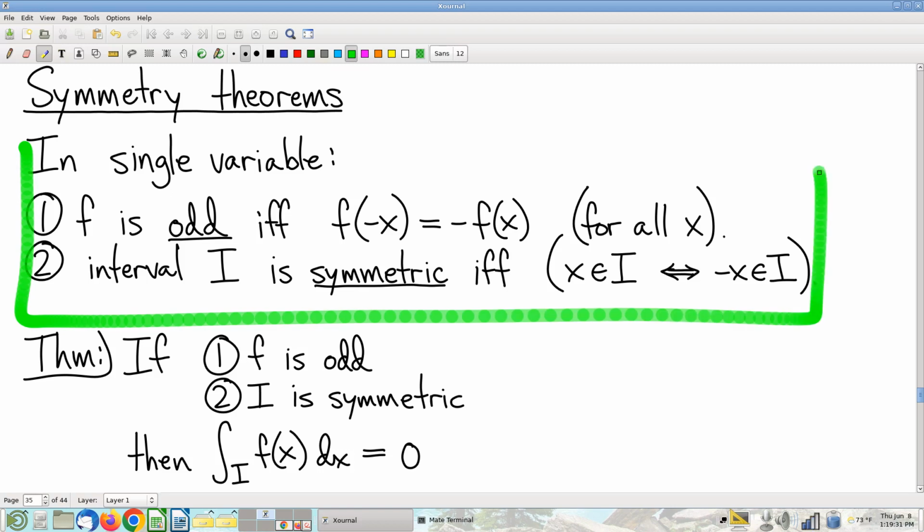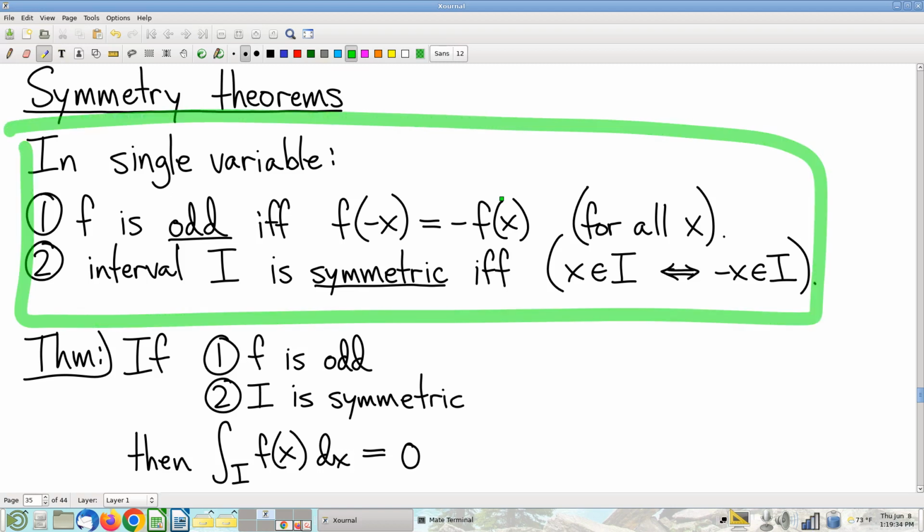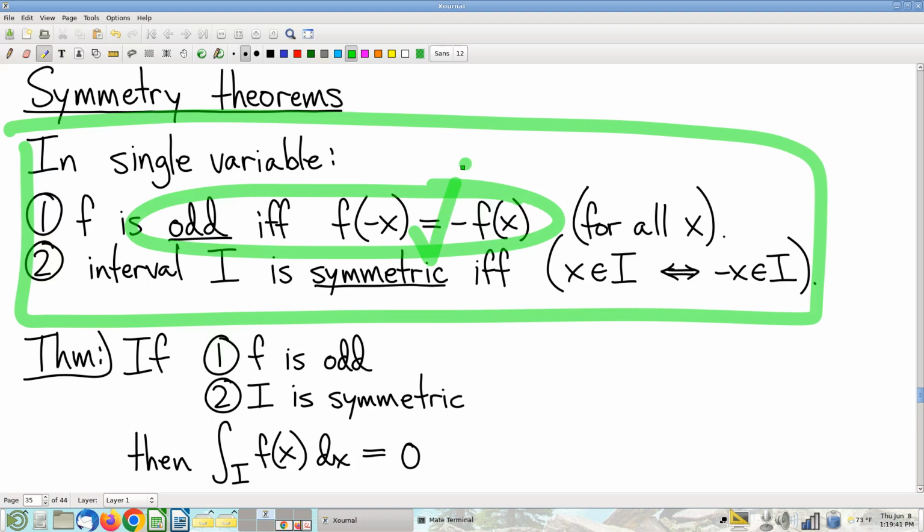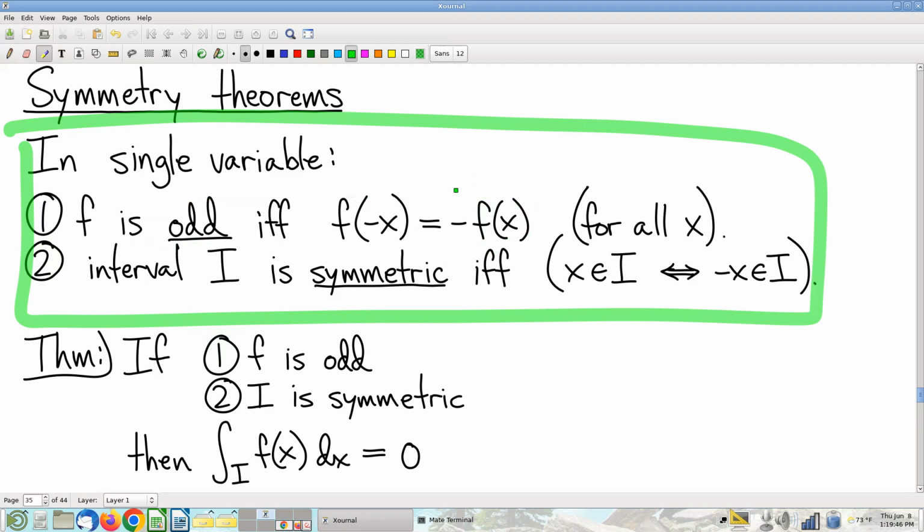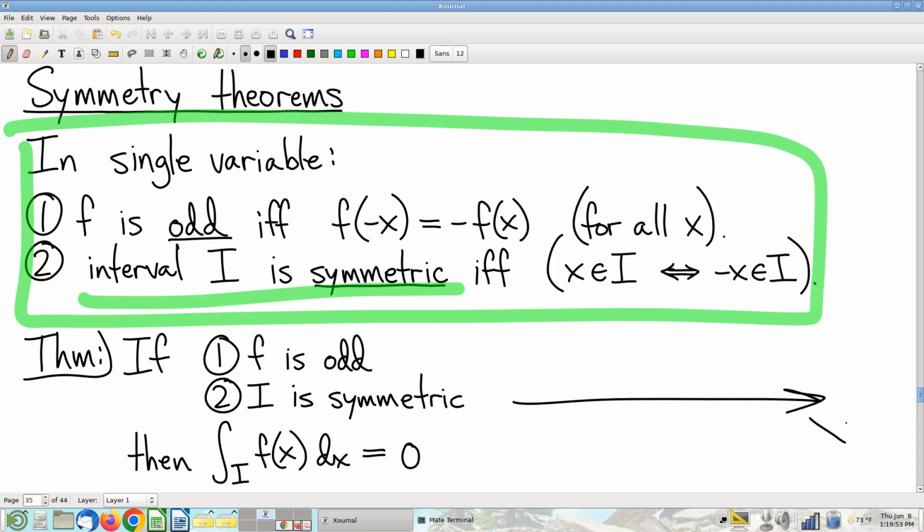I hope that this setup is familiar. We have this idea of an odd function motivated by the fact that odd powers of x have this property. All right, and what we mean by a symmetric interval, the way you see a symmetric interval on the x-axis, if that's the origin, a symmetric interval is an interval where the lower bound and the upper bound are negatives of each other.